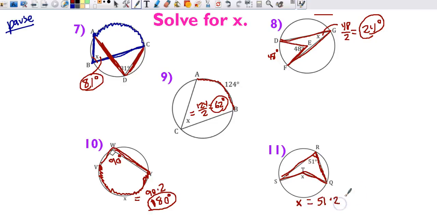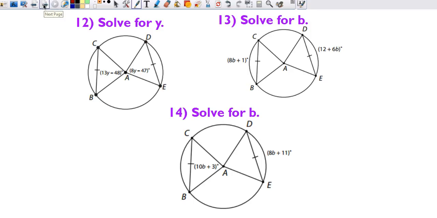That's going to be 102. And that represents the arc. So that's a lot like this problem right here, except that we had the arc, so we divided by 2, whereas in this case we had the angle, so we multiply by 2.